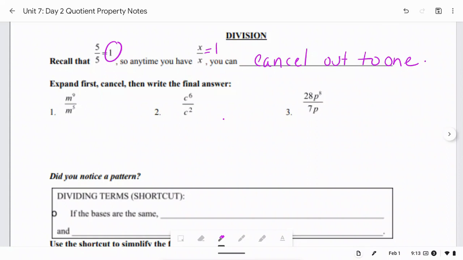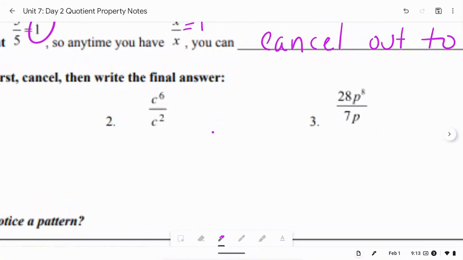So let's use this idea of division to help us see what the rule for dividing exponents is. I'm going to start with example 2, and then we're going to look for a shortcut. In example 2, I have c to the 6th power. So I'm going to do c times c times c times c times c times c in the numerator, and then in the denominator, I have c times c.